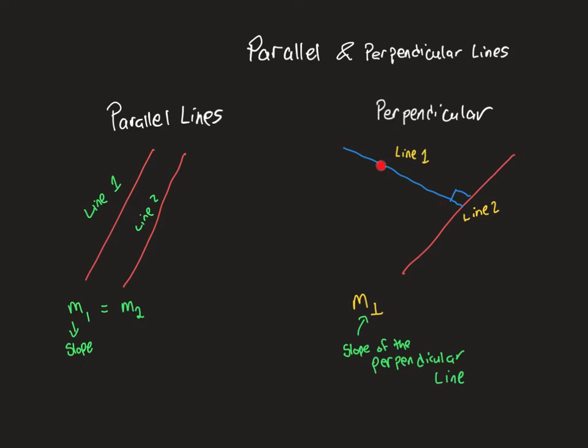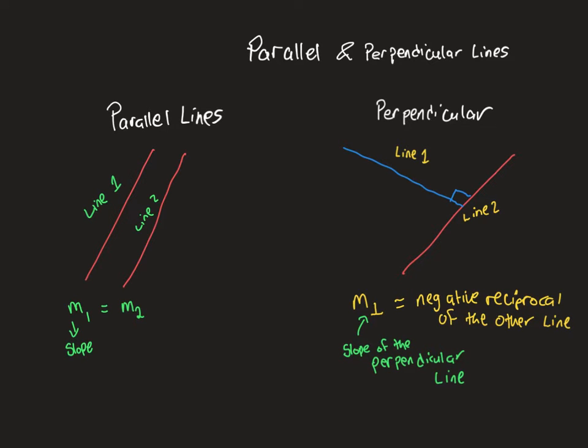If this is the line, then this would be the perpendicular line to this line. So the slope of the perpendicular line is the negative reciprocal of the other line.